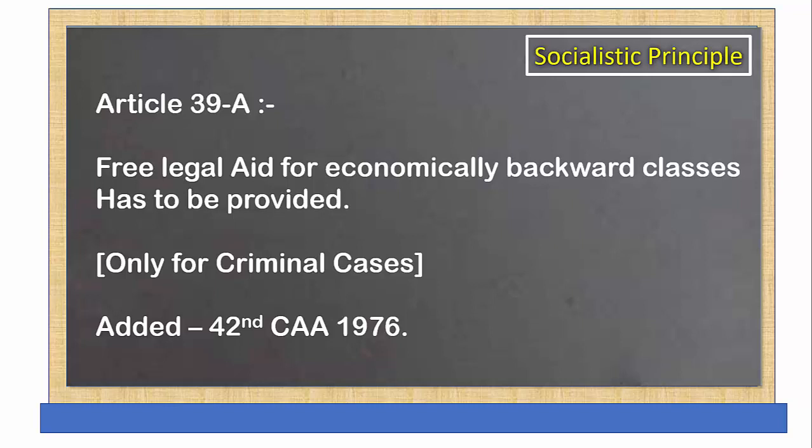In that case, as you all know, the state will provide the legal aid or a lawyer for them, just because there is a question on the right to life. It was added basically in the 42nd Constitutional Amendment Act 1976 only.